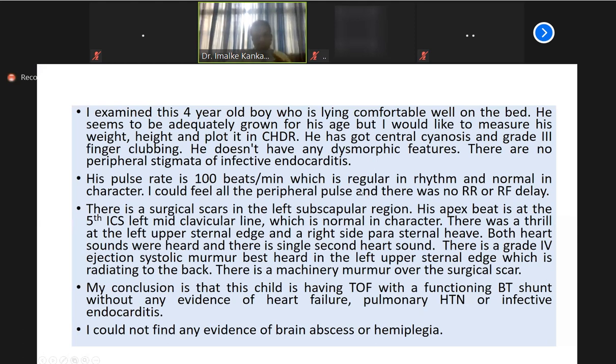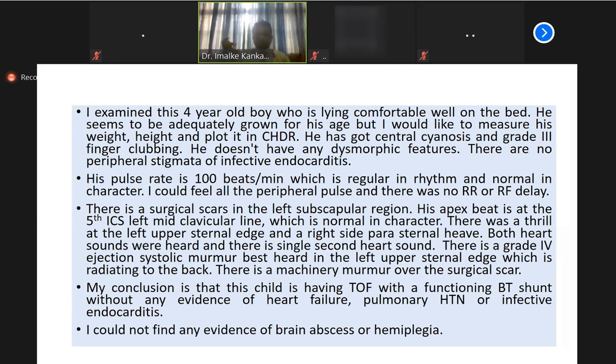Here you can mention, especially, the left side radial pulse as well, because the next sentence is that this child has got a left subscapular region surgical scar. So there's a surgical scar in the left subscapular region. Now in your exam, I have frequently encountered medical students saying "CVS proper".